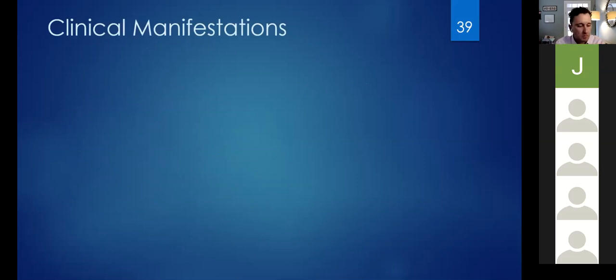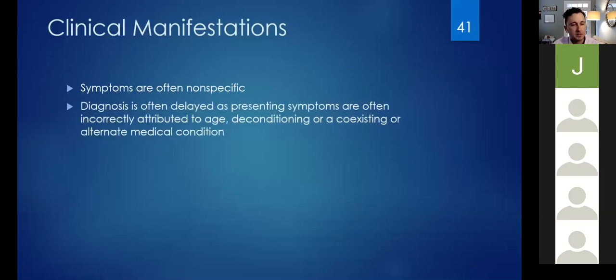Okay, so let's talk about clinical manifestations of pulmonary hypertension. These symptoms are often non-specific, and the problem that arises is that the diagnosis is often delayed, because a lot of times we tend to attribute these complaints to a patient's advanced age, or they're just deconditioned, or all their symptoms are due to a coexisting medical condition, as most of these patients do have other medical problems.